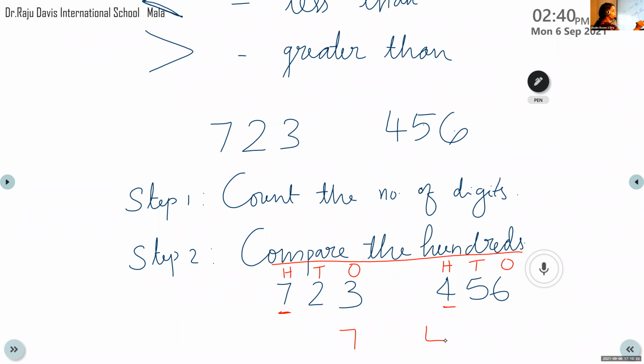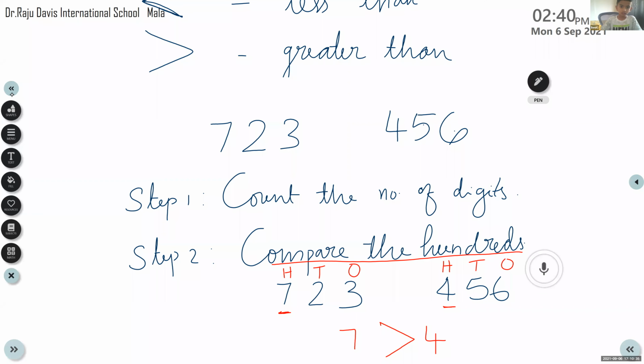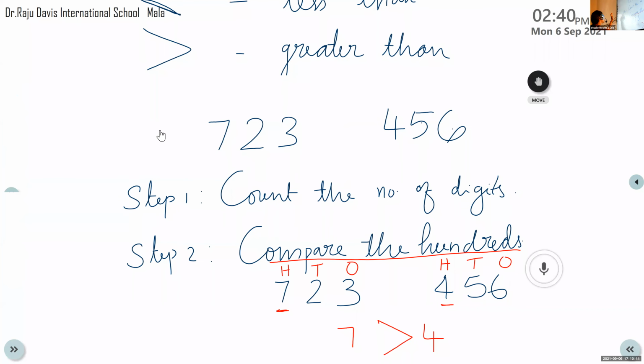Which is greater? 7 is greater than 4. If 7 is at the hundreds place, then 700s is greater than 400s. So we can write.